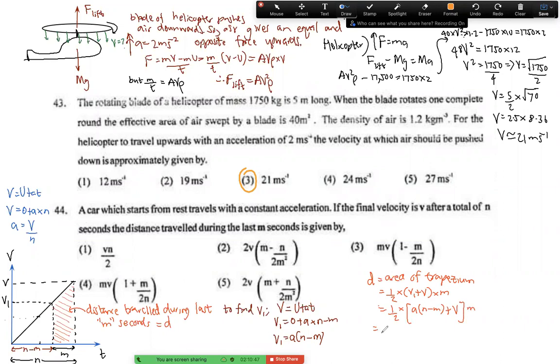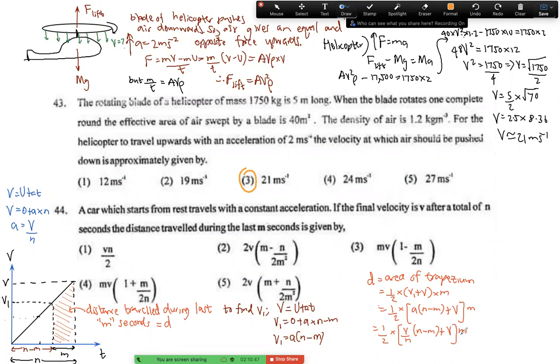Then half into, for a, let's substitute that value, that is v over n into n minus m, plus v into m. Is there an answer?